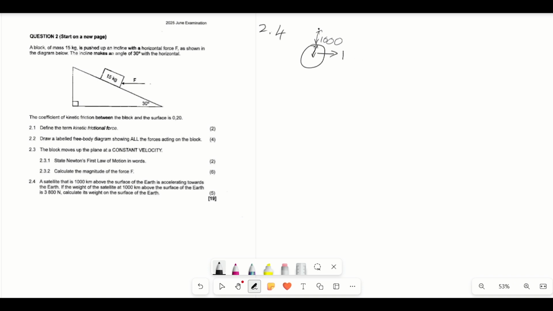The radius of the Earth being RE. So the entire distance will be from the center of the Earth to the satellite. That will be, so D will be RE plus 1,000.